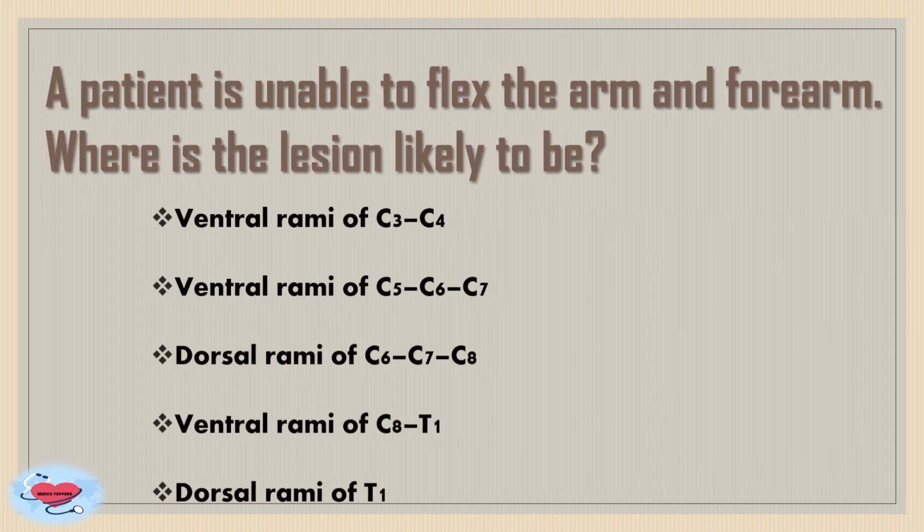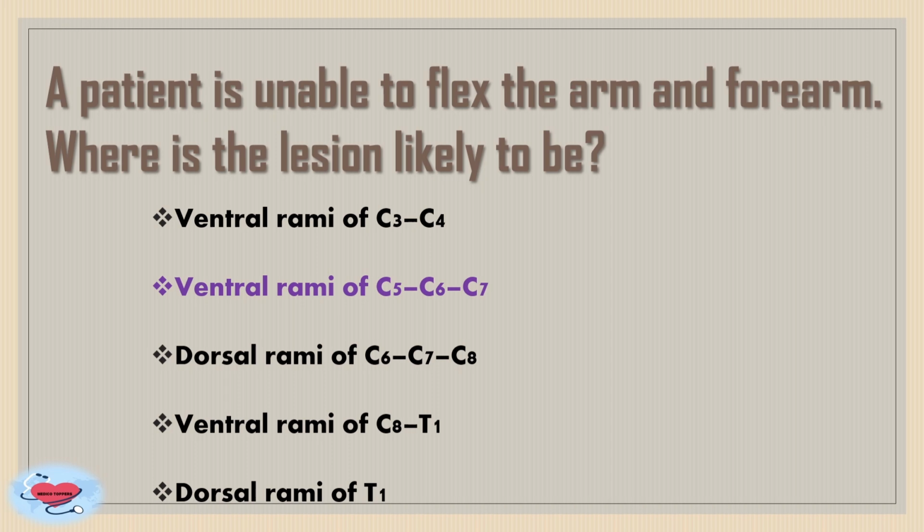Next, a patient is unable to flex the arm and forearm. Where is the lesion likely to be? To answer this question, we should know which muscle is likely to get affected. In this case, patient is unable to flex the arm and forearm. So, probably lesion is at the level of C5, C6, C7. So, the muscles which could be affected in this case are biceps brachii, brachialis and coracobrachialis.